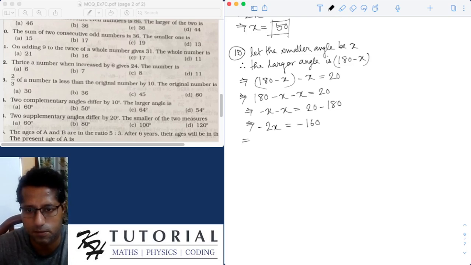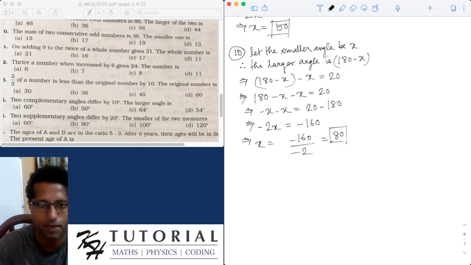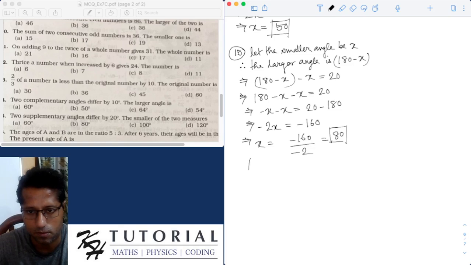So this implies x equals minus 160 divided by minus 2. This is 80. It has asked for the smaller angle, so the smaller angle we have found to be 80 degrees. So the answer is choice B.